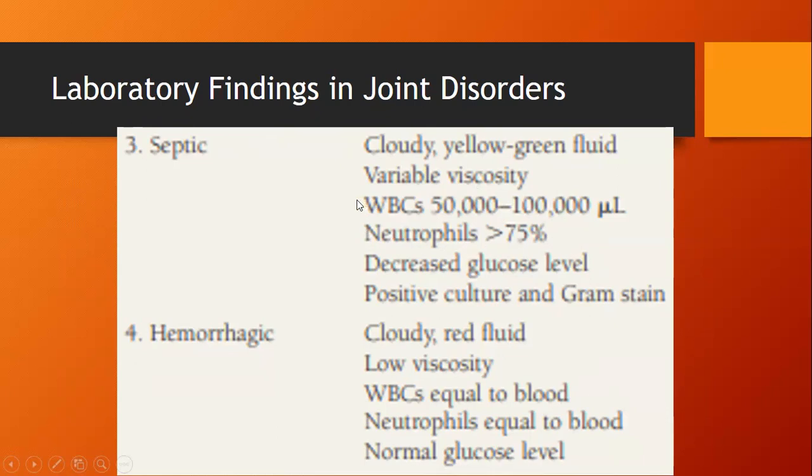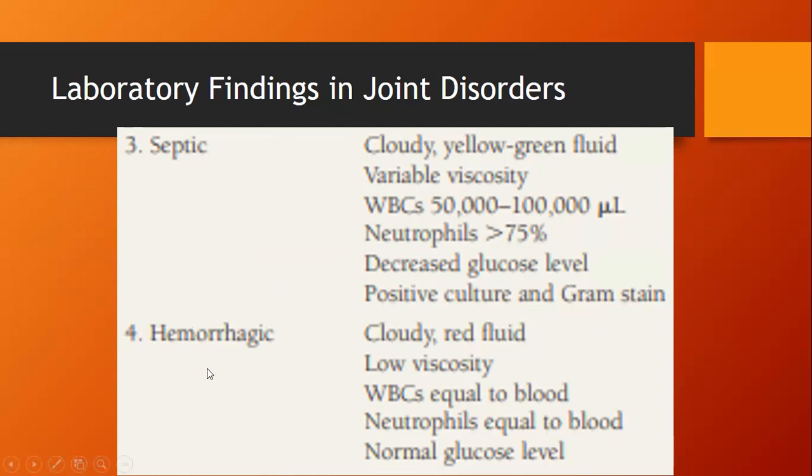The presence of these WBCs may cause increased turbidity of the synovial fluid. Also note that in microbiologic testing, you may isolate the organism, thus the positive culture and gram staining result.